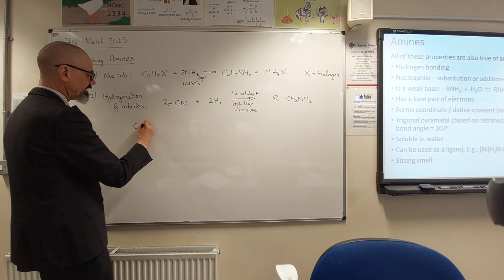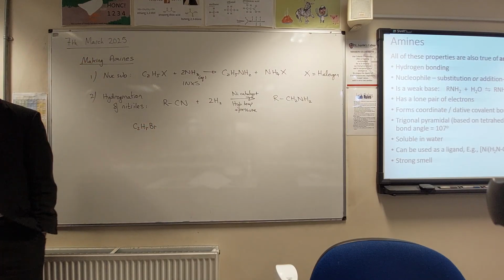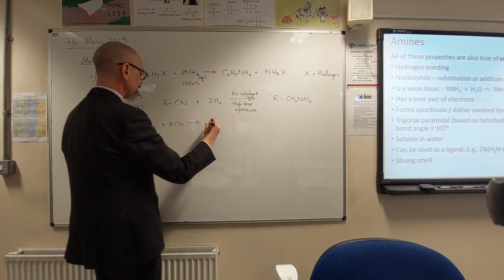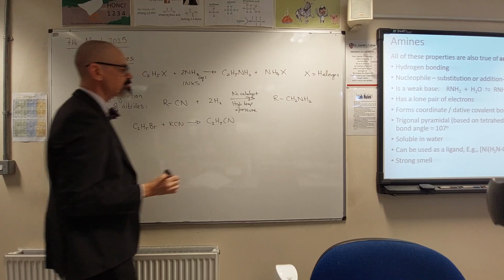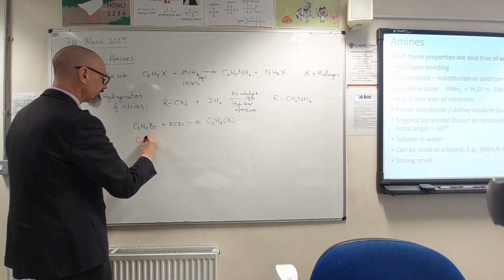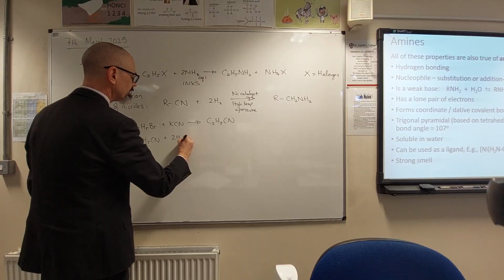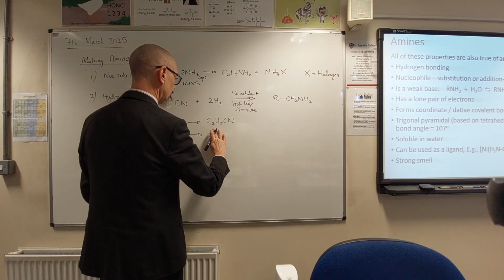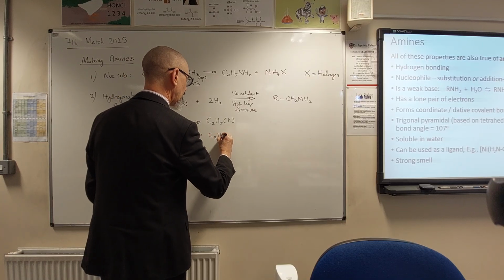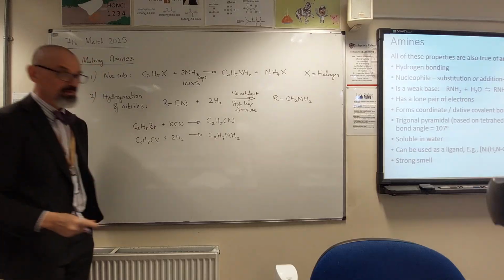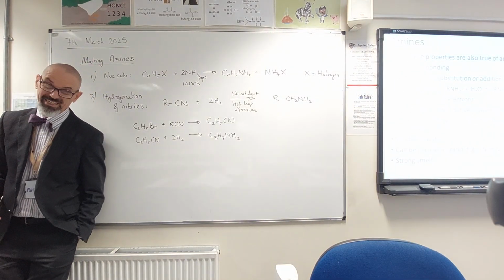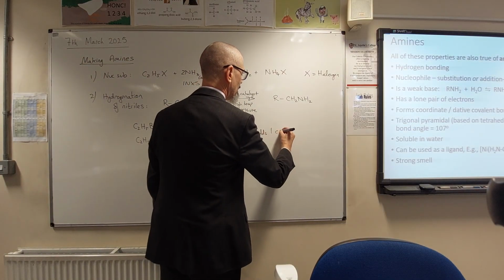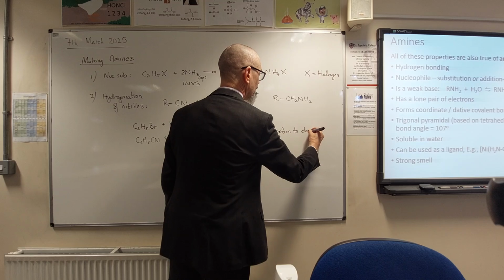So if I had, say, bromoethane, and I wanted to make that carbon chain a bit longer, I could start by reacting with the potassium cyanide to make propane nitrile, and then I could take my propane nitrile and react that with hydrogen to make propylamine or aminopropane. So it adds one carbon to the chain.